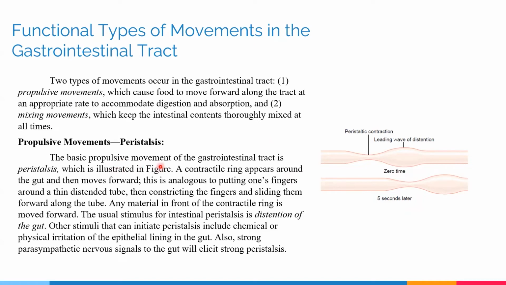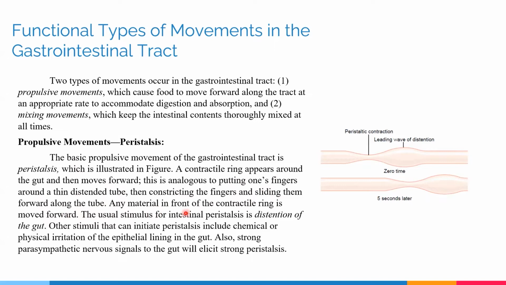The basic propulsive movement of the gastrointestinal tract is peristalsis, which is illustrated in the figure. A contractile ring appears around the gut and then moves forward. This is analogous to putting one's fingers around a thin distended tube, then constricting the fingers and sliding them forward along the tube.